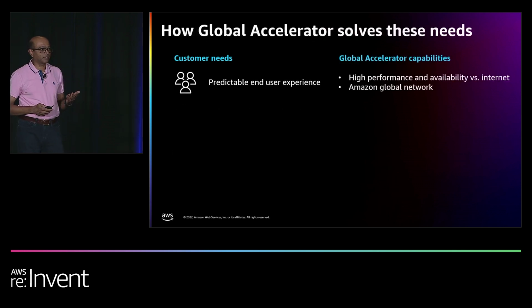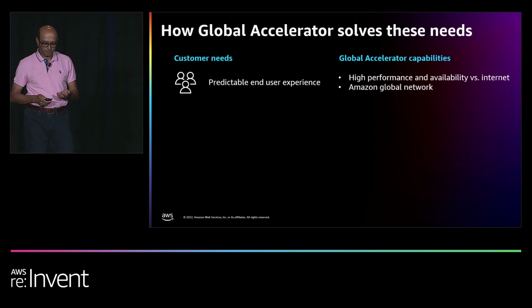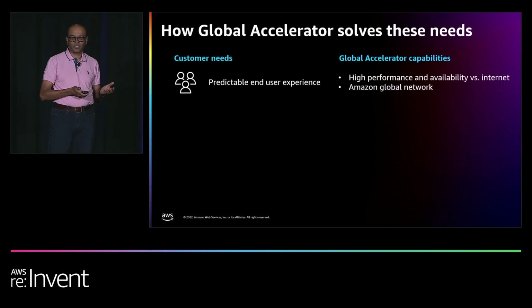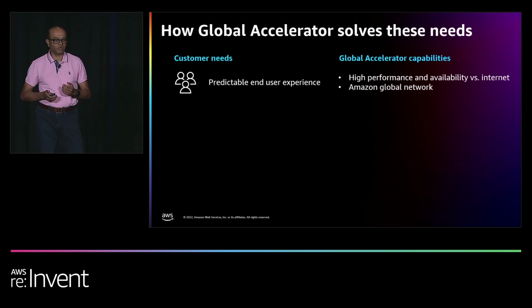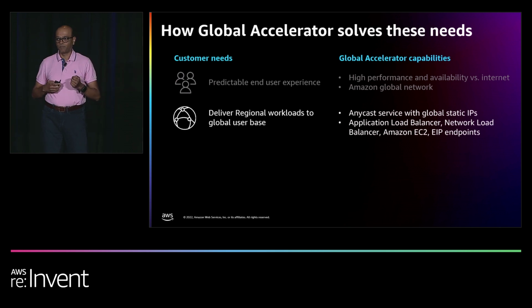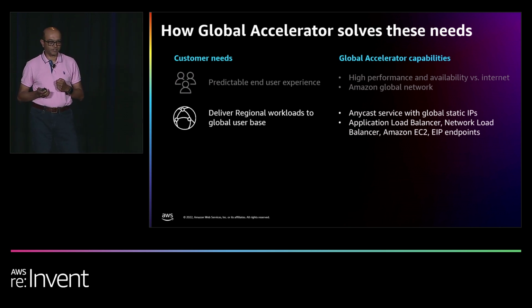So Global Accelerator allows you to overcome the impact of internet weather by carrying your end-user traffic on the Amazon global network as opposed to being subject to the vagaries of the public internet. This is a networking service that offers global static IP addresses combined with the power of Anycast.